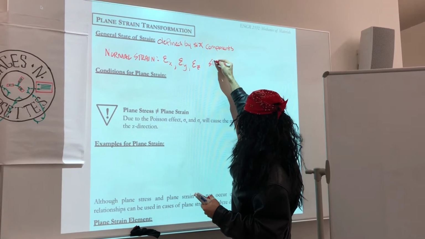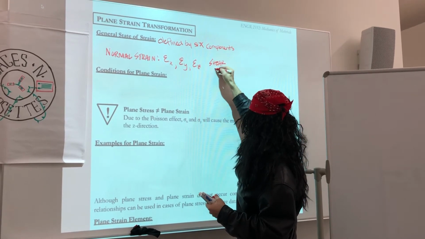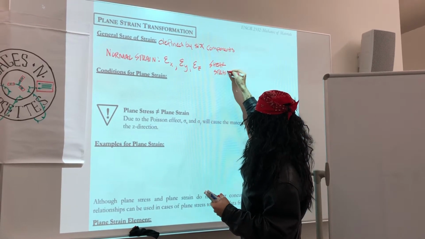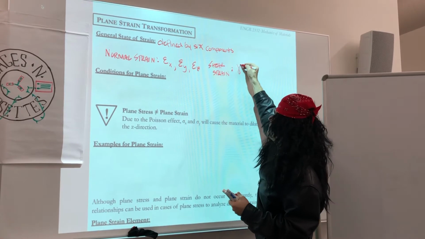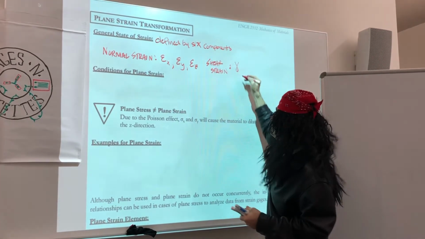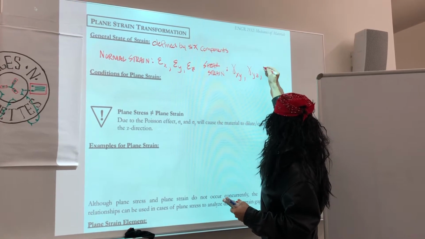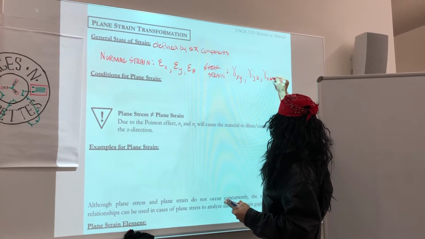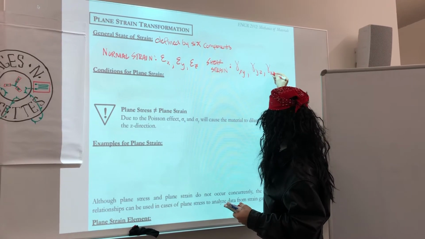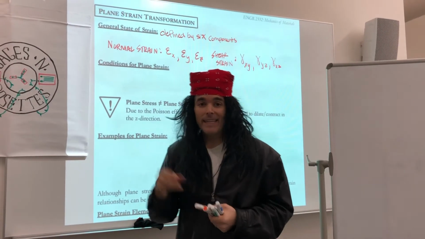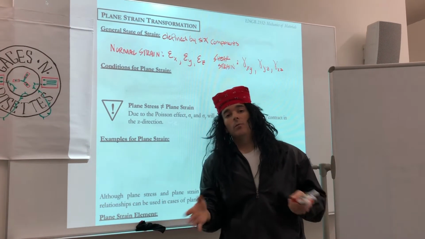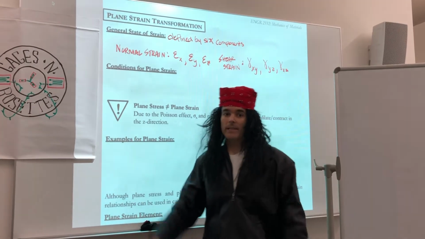And then we have our shear strain. That's defined by the variable gamma: gamma xy, gamma yz, gamma xz. So if we can define these 6 components of strain, we'll know the state of strain on a particular object.